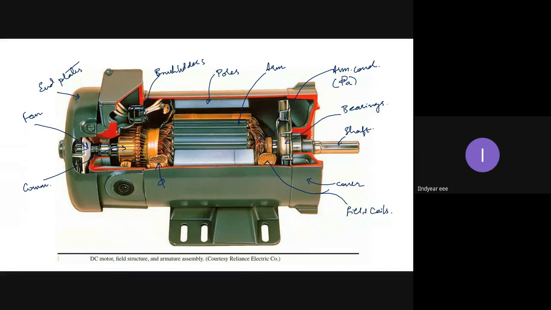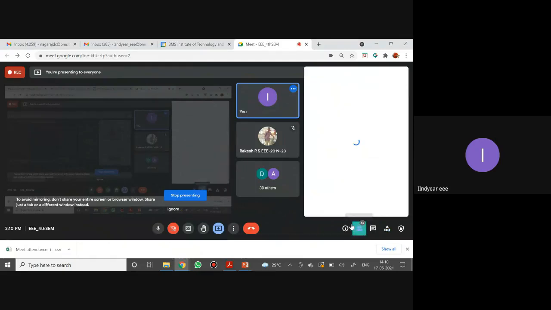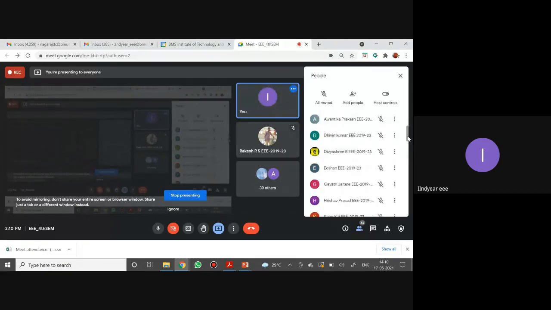What is leakage flux? Anybody? Divin Kumar, can you tell what is leakage flux?